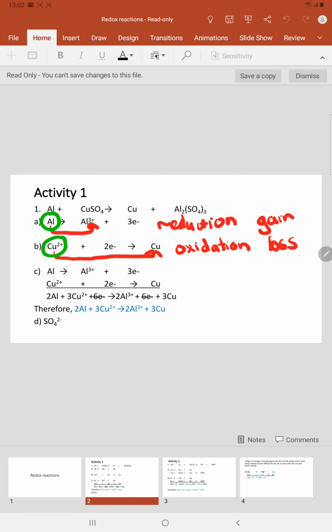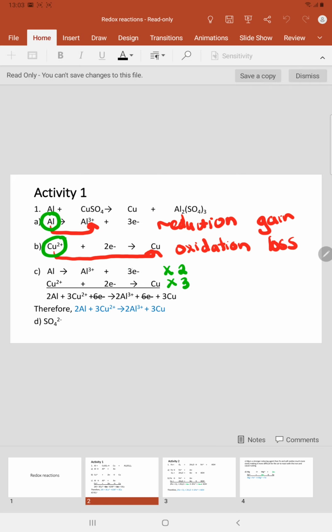So, to make aluminium equal to 6 electrons, we multiply this equation by 2. To make Cu2+ plus 2 electrons reacting to form copper, we need to multiply this equation by 3.